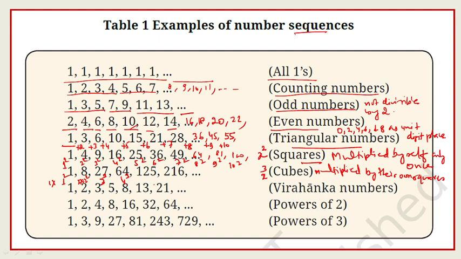So 4 cube, 5 cube, 6 cube, then 7 cube, 8 cube, 9 cube, like this it continues.